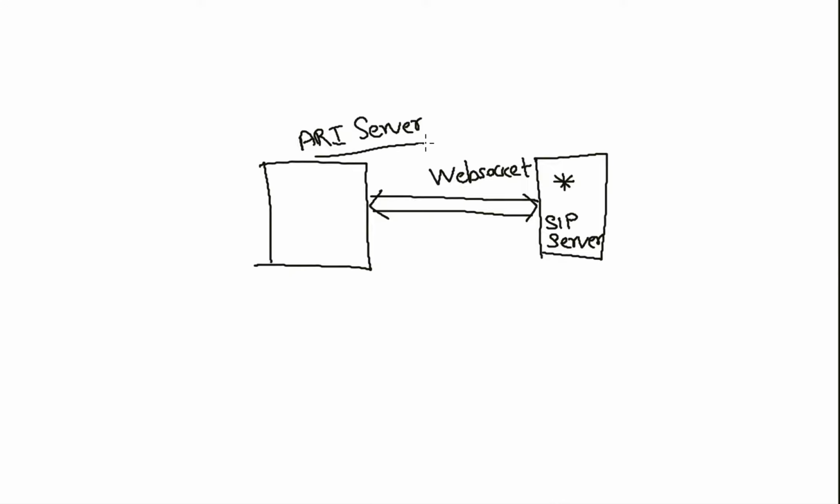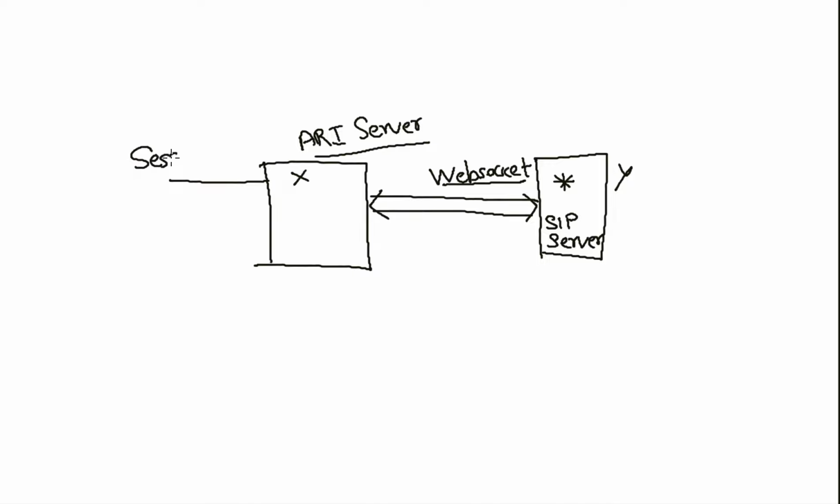If you are not catching up with these jargons, then simply understand there is a TCP interface between this server X and this server Y. WebSocket is essentially a TCP connection, and on this ARI server there are several sessions.